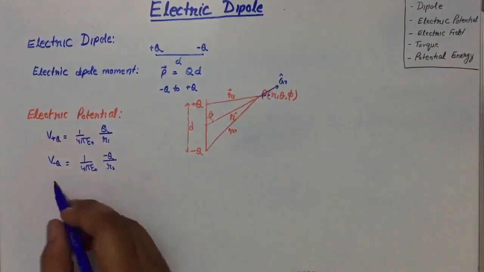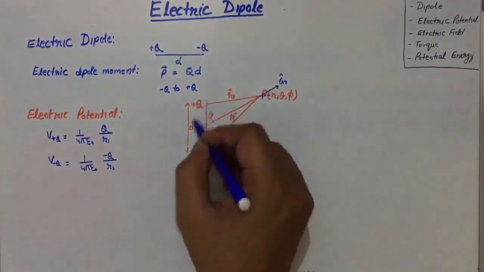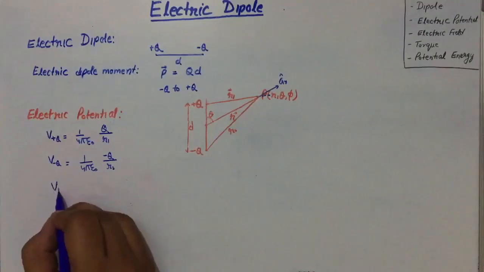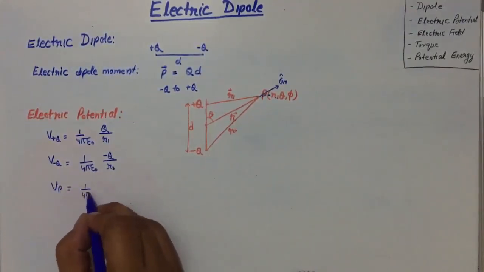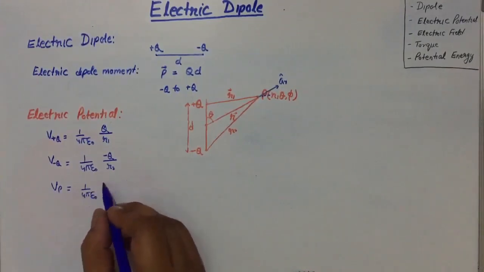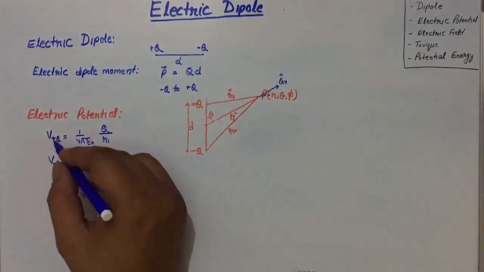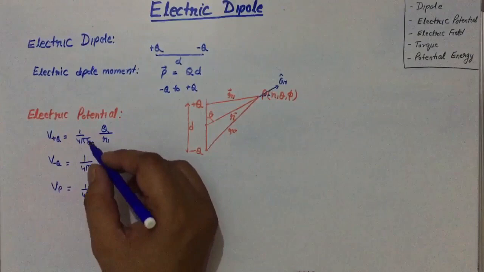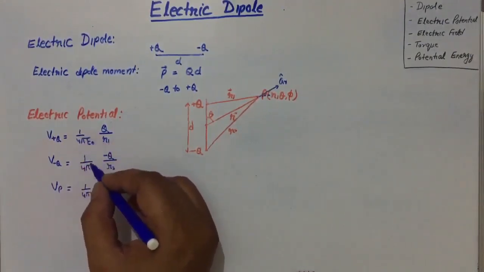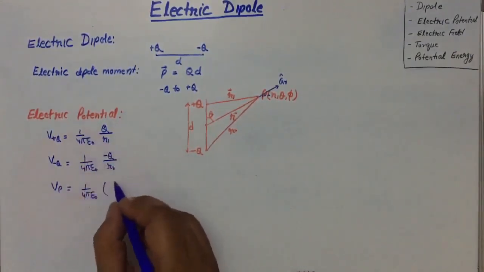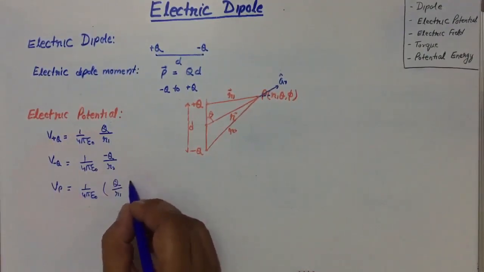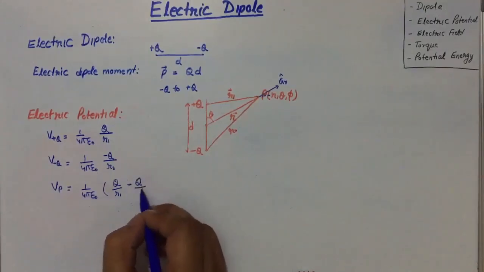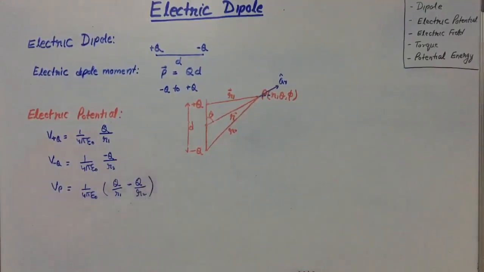Now if we wish to find the potential due to the combination of the charges, then it follows the superposition principle. That will be equal to 1 by 4 pi epsilon naught times the sum of these two, so taking this common, it will be Q by r1 minus Q by r2.